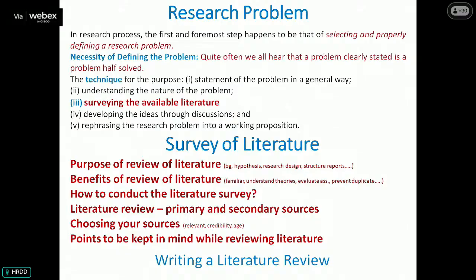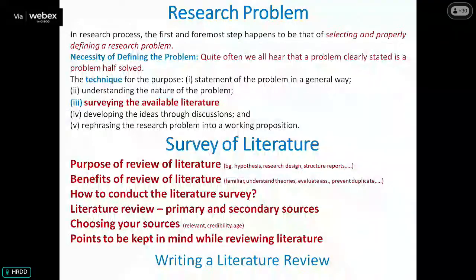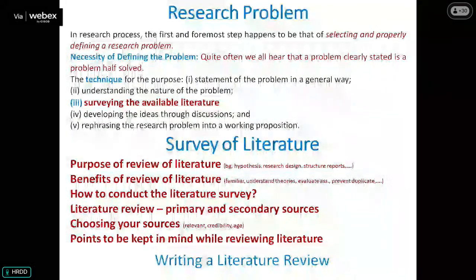How will we do it? By survey of literature is one of the steps. What is the purpose of literature survey? The purpose is to understand the background, help in proposing the hypothesis, which we'll do in the next stage, help in research design, and also structure reports, the final part of your research.